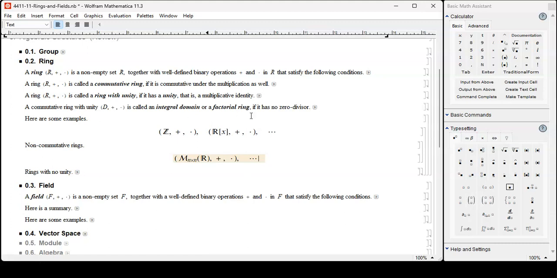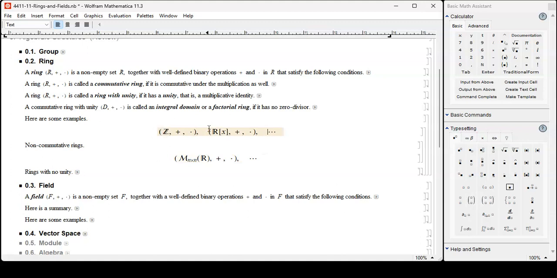And all these, by the way, are rings with unity. So this one is non-commutative, but still a ring with unity. Now, my challenge. Rings with no unity. Can you think of that? So we have 1 as a number.